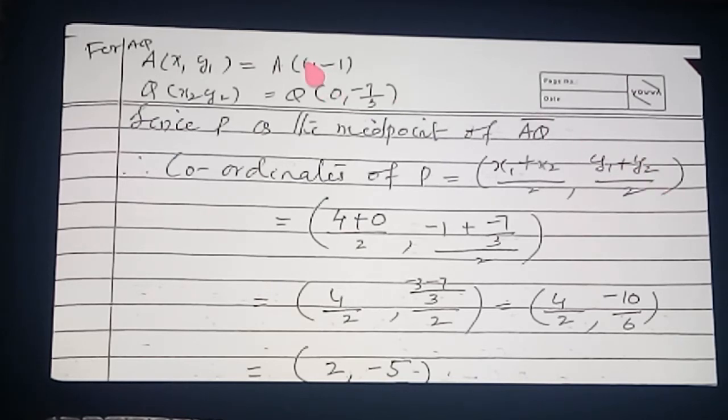What is here x1? 4 plus 0 divided by 2. Then y: -1 plus -7/3, divided by 2. Take the LCM. 4 by 2, how much is coming? 2. And here take the LCM: -3 minus 7 by 3, by 2. So this 3 and 2 together will multiply, so you will get -10 by 6.